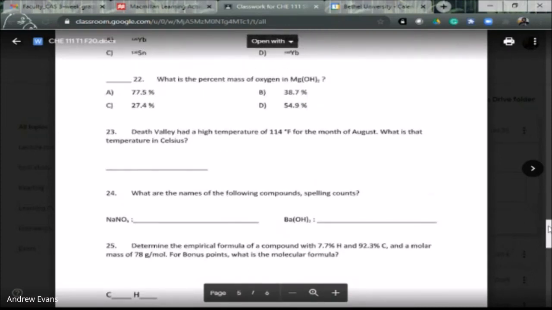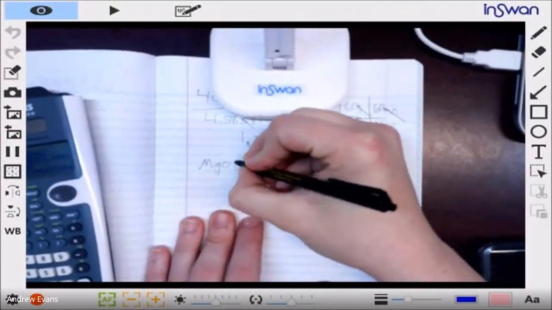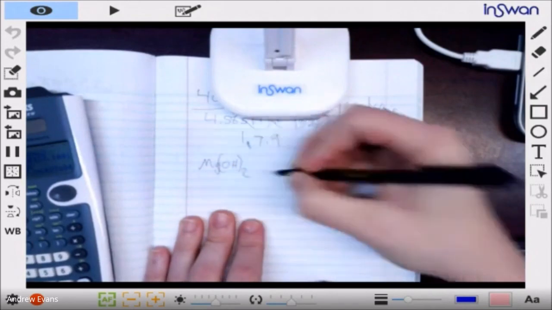22. What is the mass percent of oxygen in magnesium hydroxide? So in this case, you figure out in magnesium hydroxide, what's the mass percent? You find out how much mass of oxygen versus how much mass total. So magnesium hydroxide, Mg(OH)2.